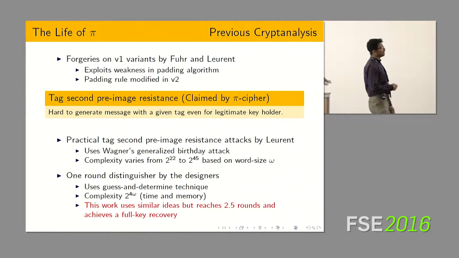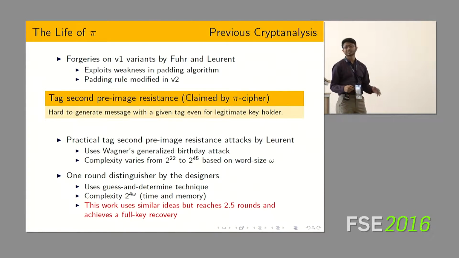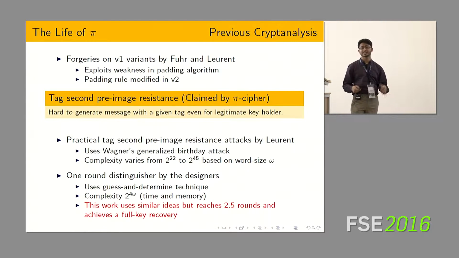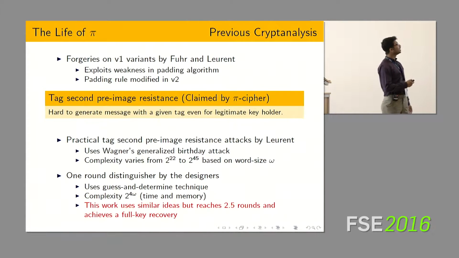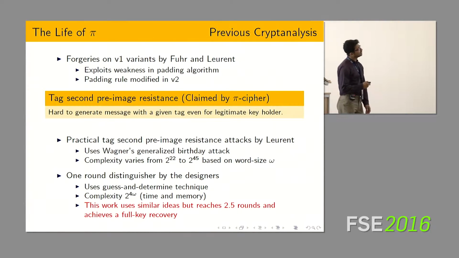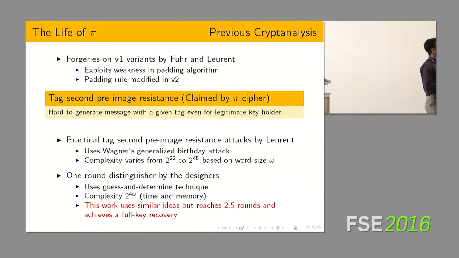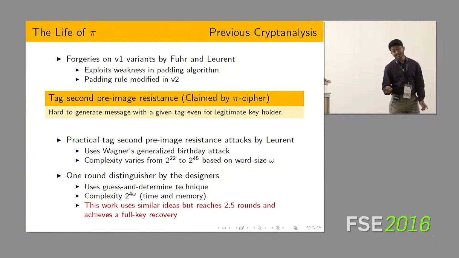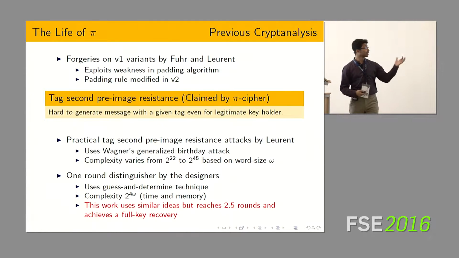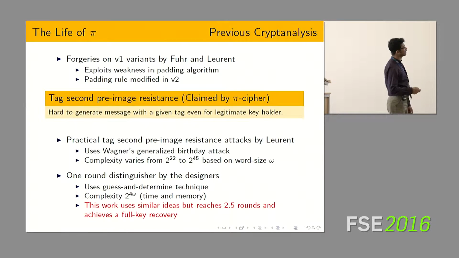The second thing the designers claim is tag second pre-image resistance, which is sort of an insider attack. That means even if you know the key, you will not be able to generate a second message from a given message and tag pair. But it was shown, again by Lorno, using Wagner's generalized birthday attack, that you could actually violate this claim.